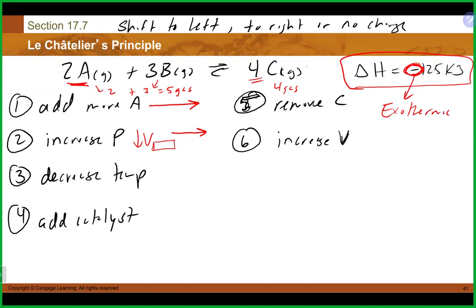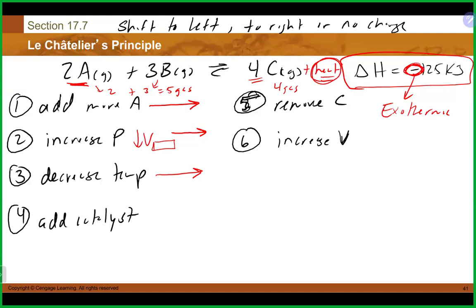And because of that, we consider heat and energy a product. So in this case, if we are going to remove some product, it should then shift towards the product side in this case to fill that hole. So because this is an exothermic reaction, we're actually removing products, and that's why we're going to shift in that case. And obviously, it would be opposite. If it was endothermic, it would be on the other side.